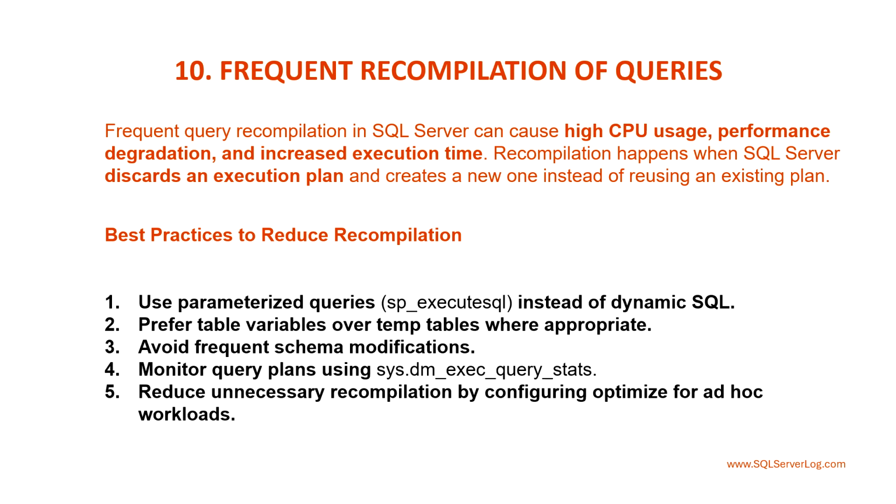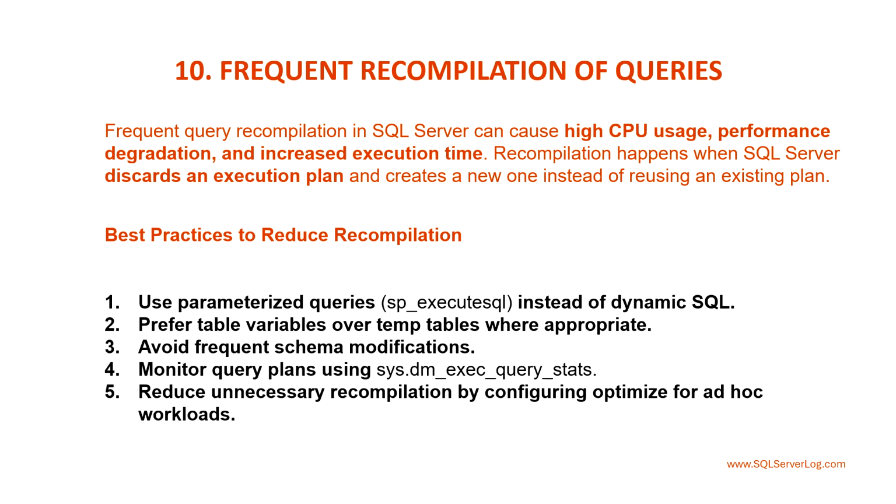Next, frequent recompilation of queries can also create poor performance on the database server. Frequent query recompilation in SQL Server can cause high CPU usage, performance degradation, and increased execution time. Recompilation happens when SQL Server discards an execution plan and creates a new one instead of reusing an existing plan.